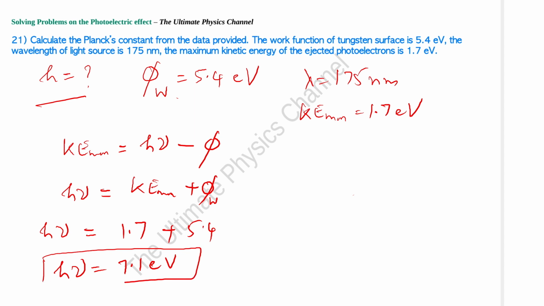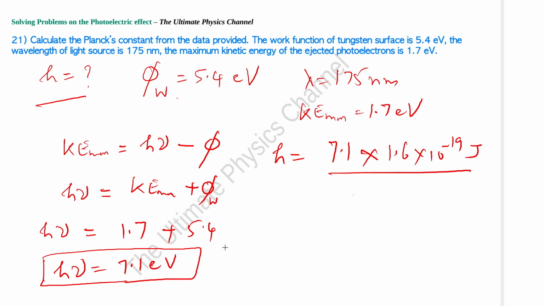What is asked is the Planck's constant. So h is equal to 7.1 eV, or 7.1 times 1.6 times 10 power minus 19 joule over nu.